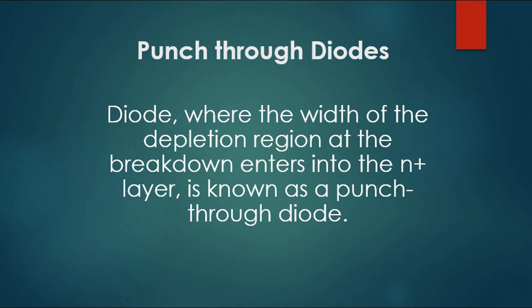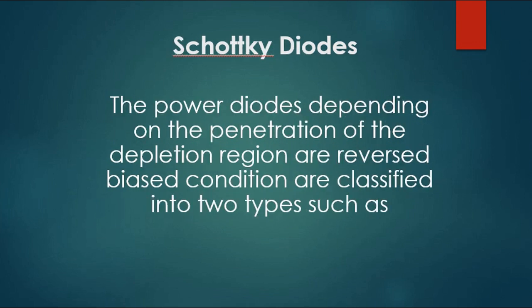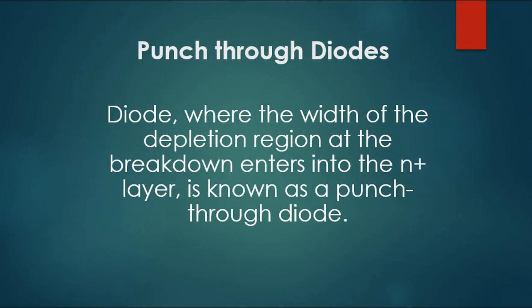And if you remember the condition given above in terms of classification, it is penetration of the depletion region under reverse bias. So in the process of that reverse bias, the N that is supposed to take the symbol of negative will take the symbol of positive, and that is where the punch comes.